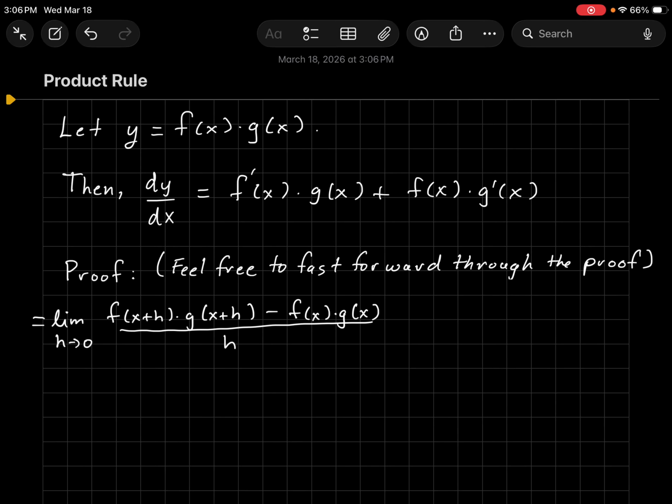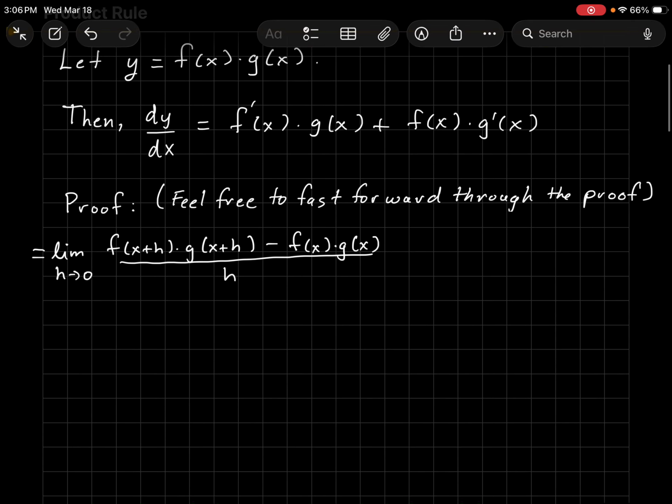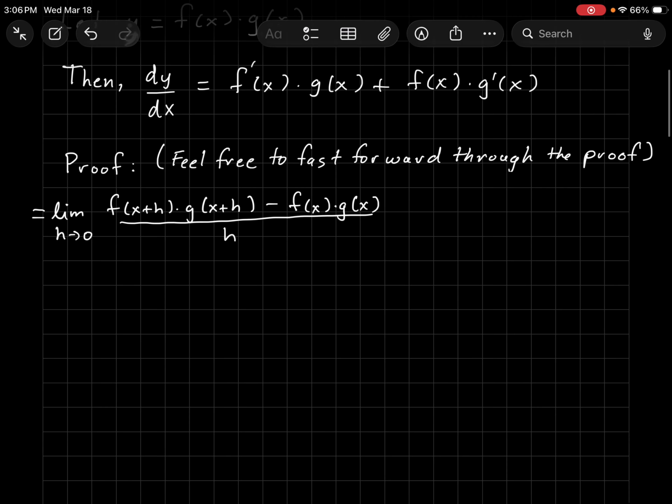Now we're going to do a step that you might not have seen before, but it's a good thing to know in mathematics. It's somewhat typical when you start proving things. We're going to let the limit as h goes to 0. I'm going to rewrite f of x plus h times g of x plus h. And then I'm going to subtract something. Let's subtract f of x times g of x plus h.